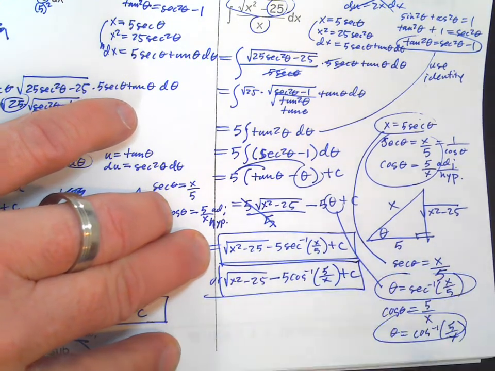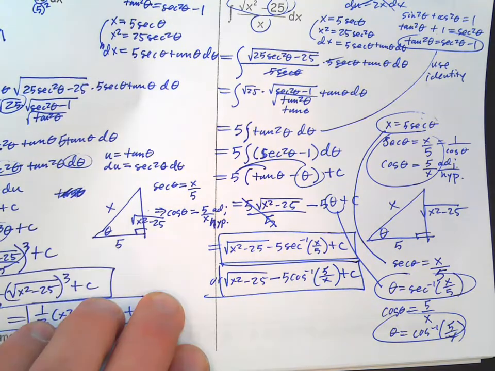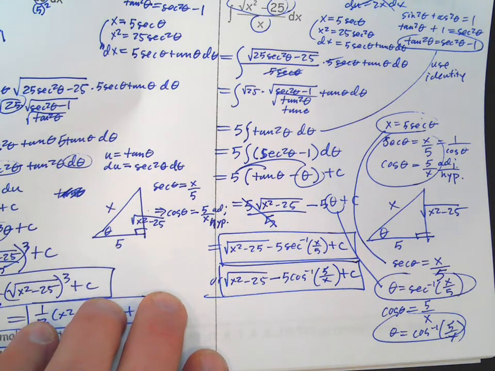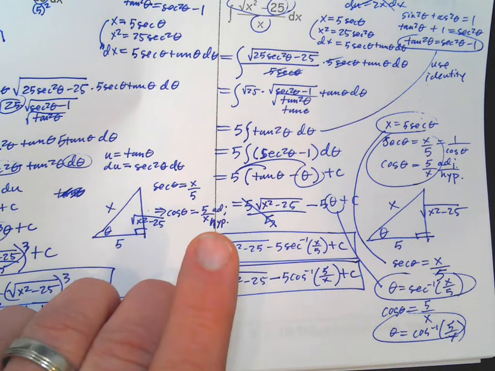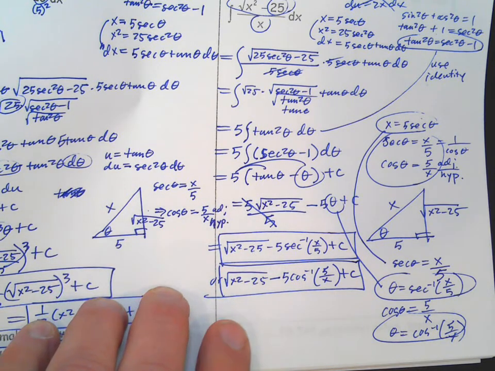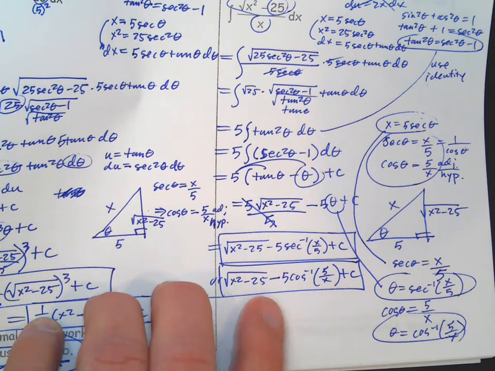You can do that instead if you want. This problem we wouldn't have been able to do with our existing techniques. This trig substitution allows us to do it, and this is our answer.